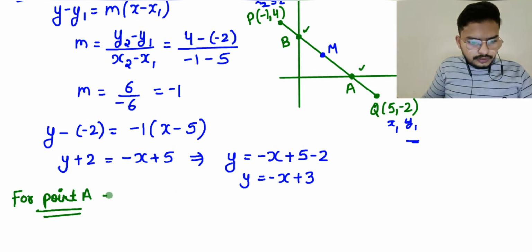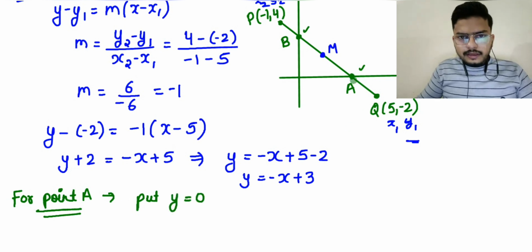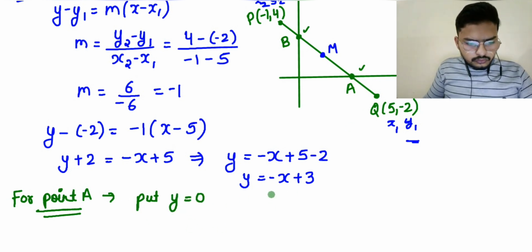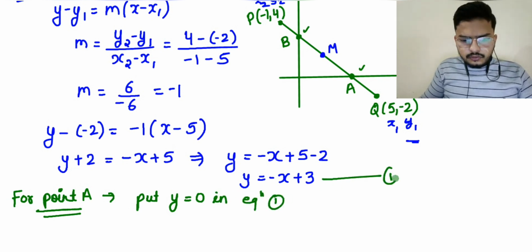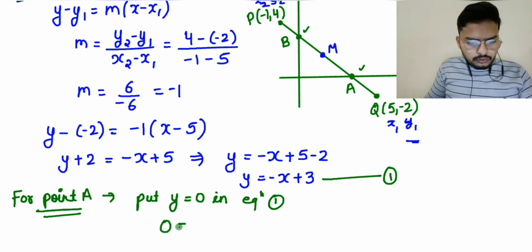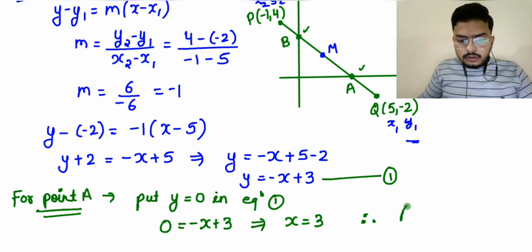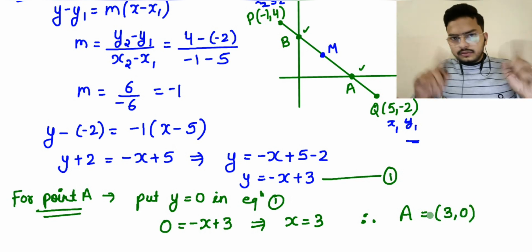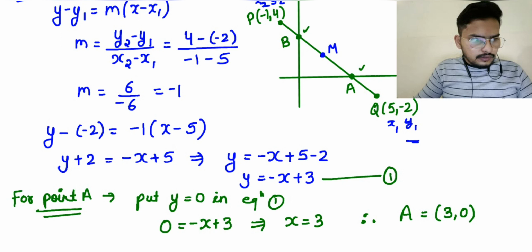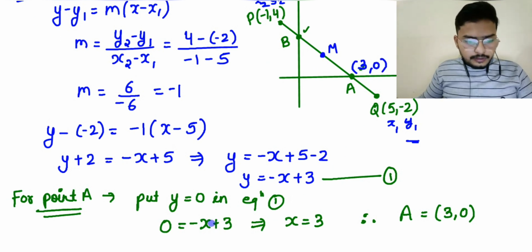So put y equals 0 in this equation, let us consider it equation 1. So 0 equals -x plus 3. From here we easily get the x value as 3. Therefore the coordinate of A must be 3 comma 0, because x is 3 and y is 0. So this point is exactly 3 comma 0, right?